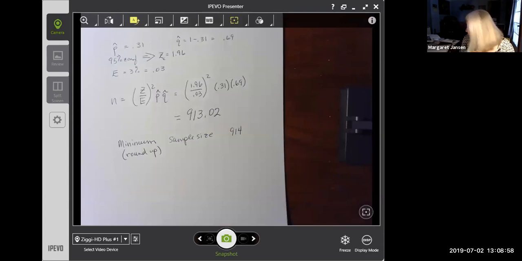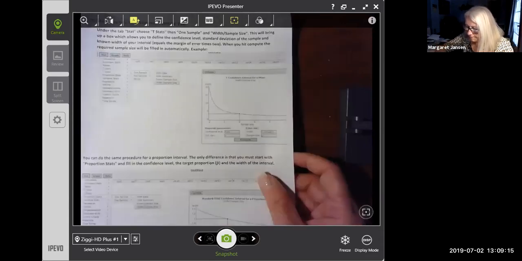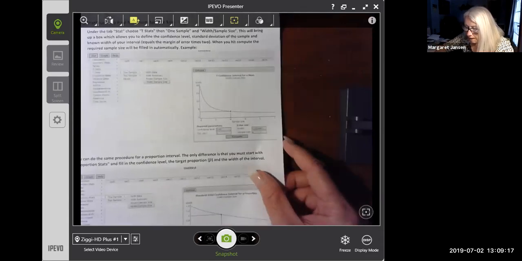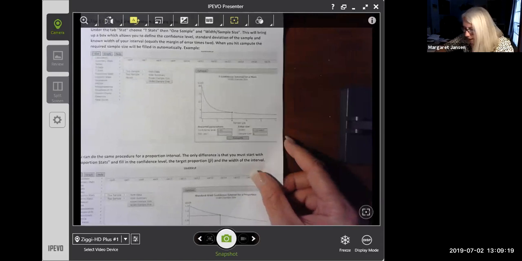So you can look at that problem on page 324, and I suggest you do. But most people now ask me, well, could I have done this on StatCrunch? Well, yes, you can. But it is not a very straightforward process. I'm going to show you how to do it, but again, it is not a straightforward process.